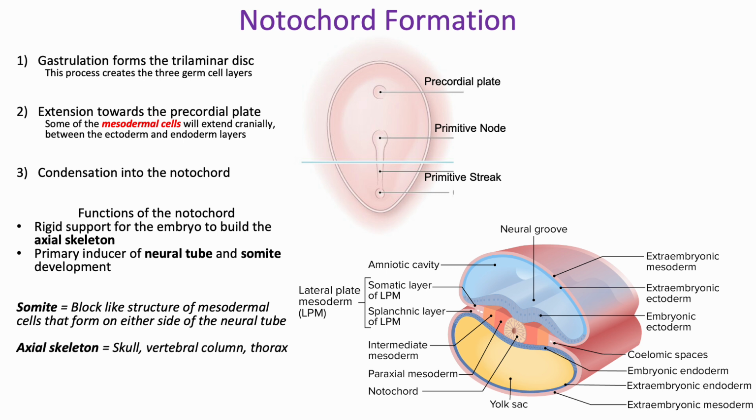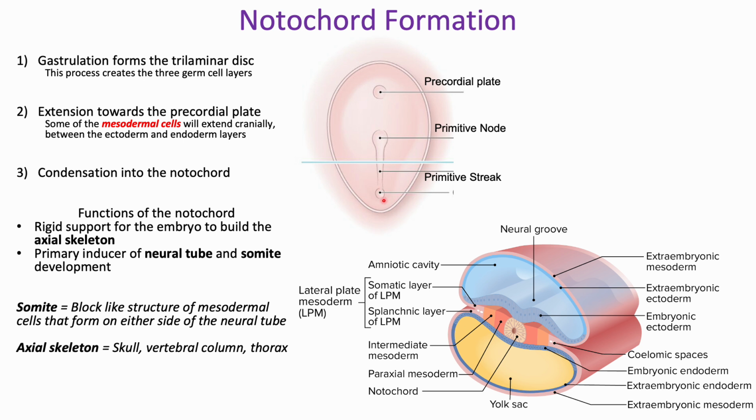So in order to form the spinal cord, and we'll talk about all the steps along the way, the first thing that has to happen is the notochord needs to form. So the notochord is a condensation of some of the mesodermal cells that are situated in the midline of the developing embryo.